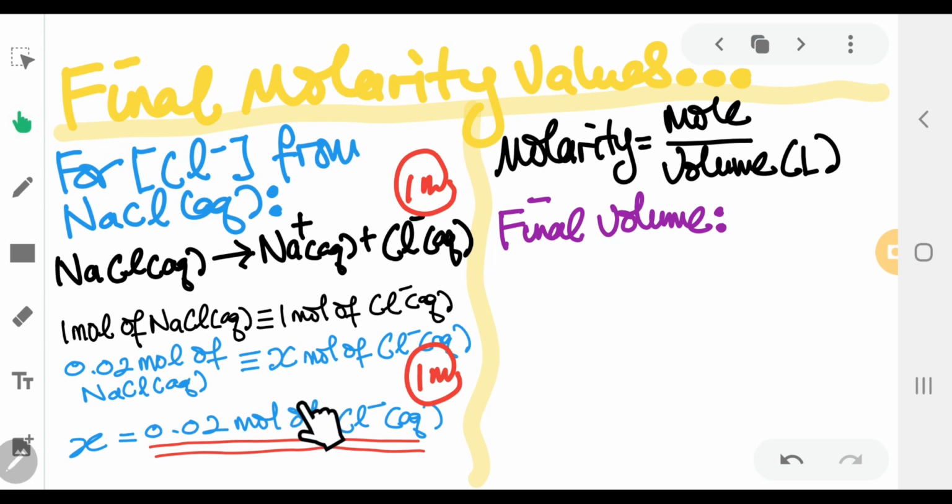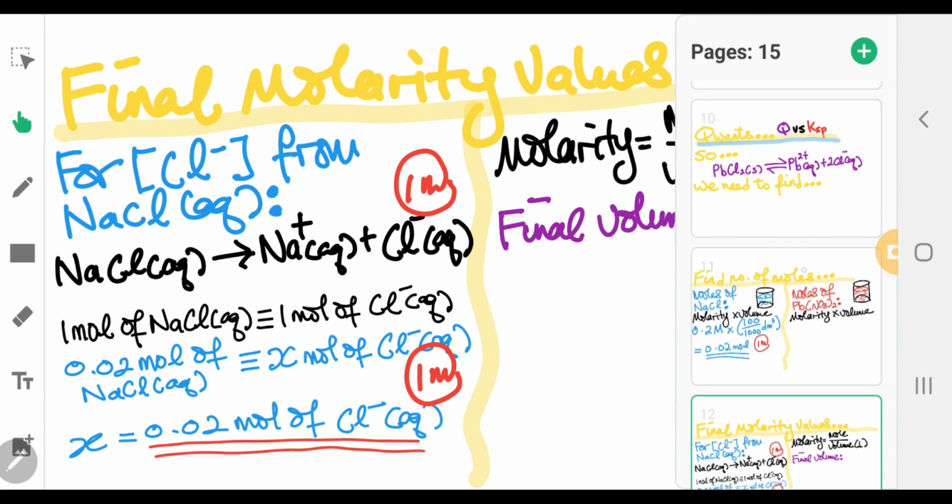To change the mole of Cl minus aqueous into molarity, simply use this formula. We have done this before. You have this number of mole divided by the volume. Now, what is the volume that we need to use? Remember, you have mixed this together with the PbNO32.